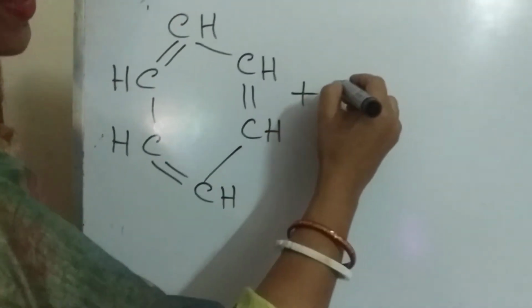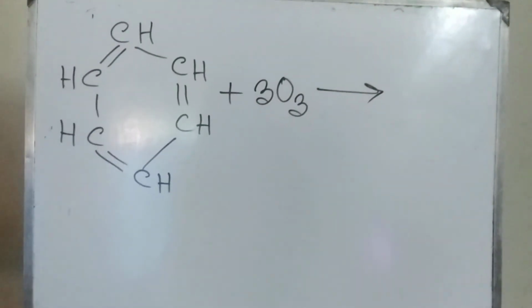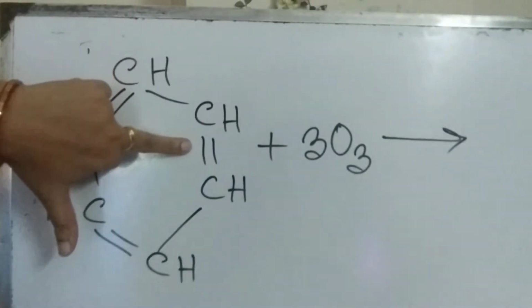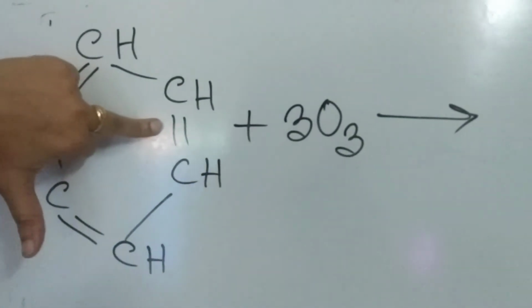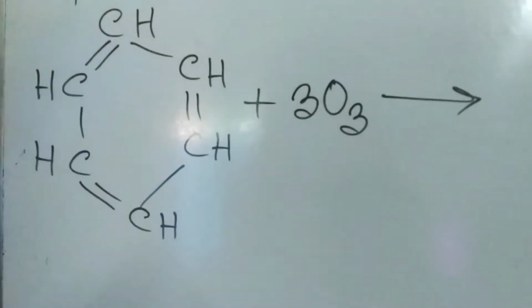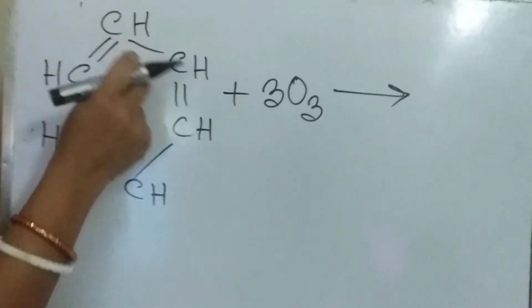So, when it reacts with 3 molecules of ozone, then the ozone molecules join at the double bonds, because you know double bonded compounds take part in addition reactions. So what happened there? Just look here, double bonds are present, these and there.